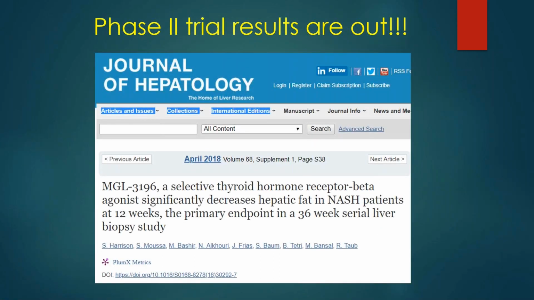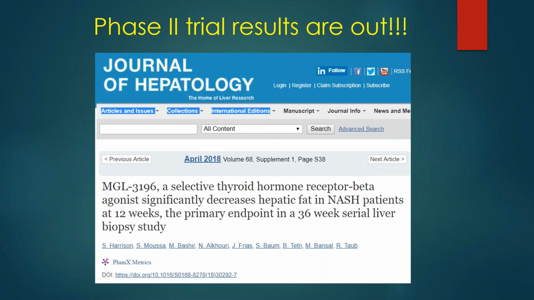And this fundamental research was also picked up by pharma companies, and this was a study which used a drug, a selective thyroid hormone receptor beta agonist. What the pharma companies know is that we cannot give thyroid hormone, so they made a very specific selective thyroid hormone agonist which can act on the liver itself and doesn't have a side effect on the heart.